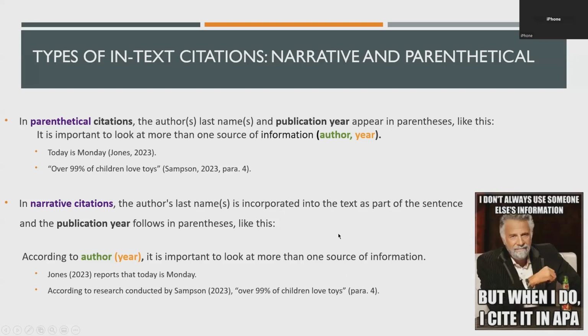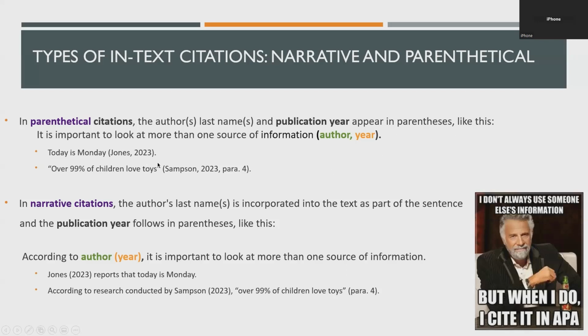Just know that those are the two different ways to do it. So if you mention the author's name in the sentence, you put the year right after their name. So like here, according to research conducted by Sampson 2023. So that's a narrative citation. And then at the end of the sentence, we have our parenthetical citation, which tells us what paragraph that quote was found on.